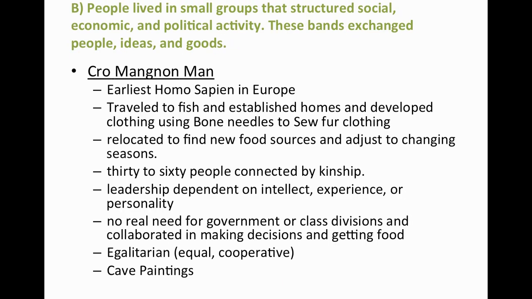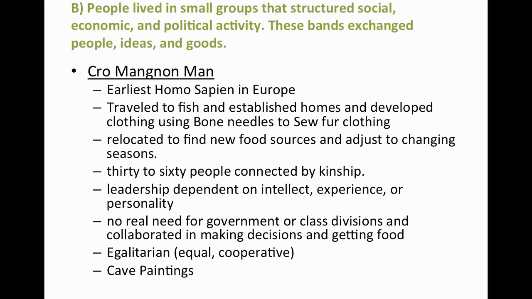All right, so evidence strand B would be that people lived in small groups that structured social, economic, and political activity. And these bands exchanged people, ideas, and goods. The illustrative example of that would be Cro-Magnon man, right? This is one of those small groups that exchanged ideas and goods. So this is the earliest Homo sapien in Europe.